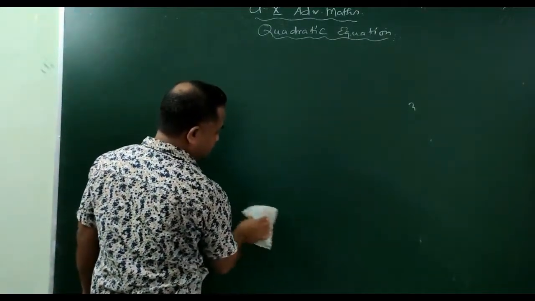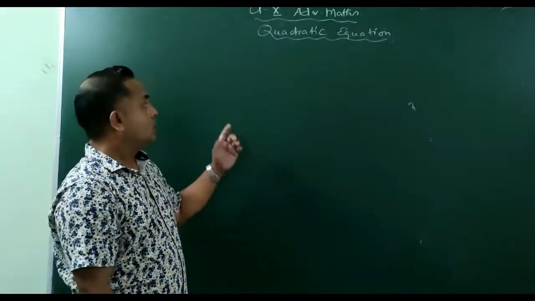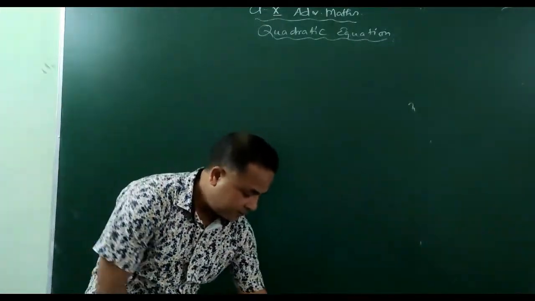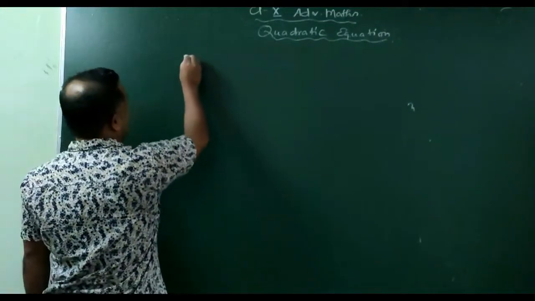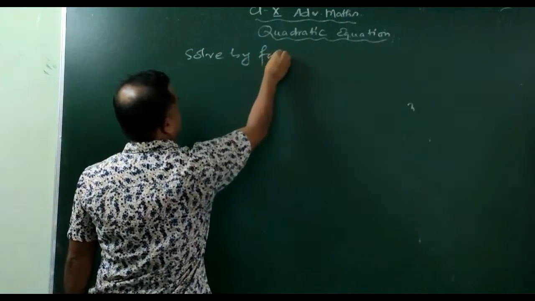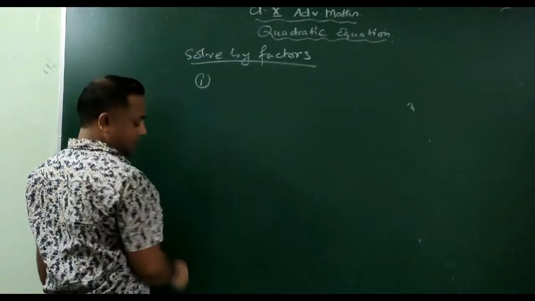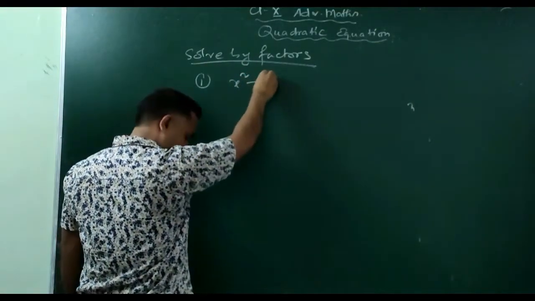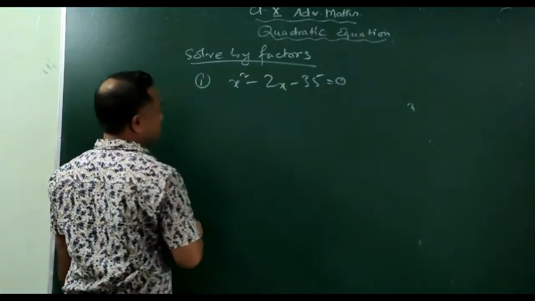Now we will see solving by factors. How will we solve by factors? For that we will take one example: x square minus 2x minus 35 equal to 0.